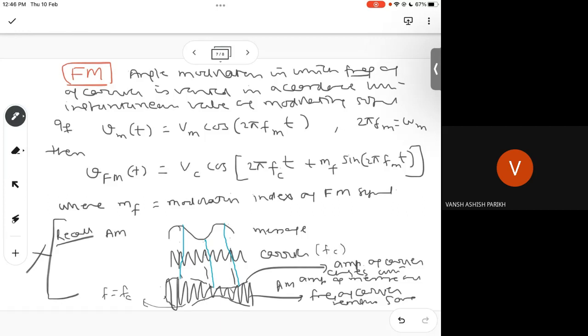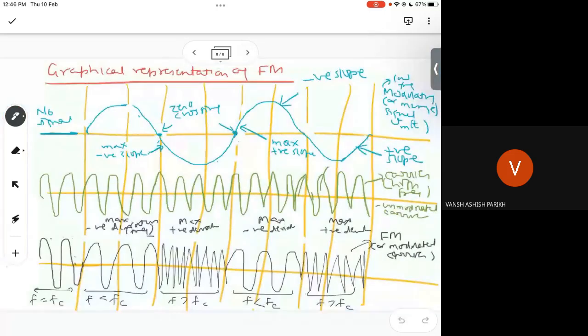No change in the frequency, only a change in the amplitude of the carrier. And this has become my FM modulated carrier. Here my amplitude remains the same. Please note that the amplitude remains the same, and that is what we should expect, because we are not varying the amplitude. So this becomes my graphical presentation.